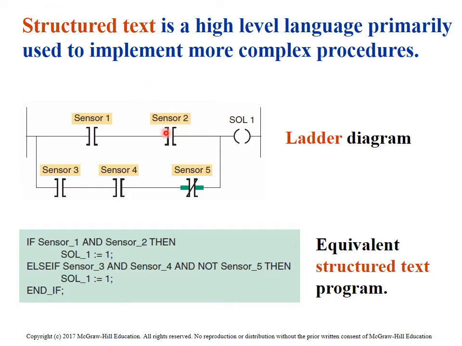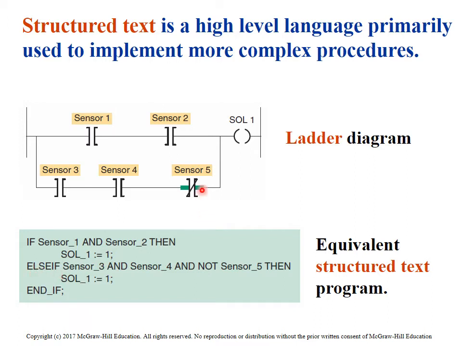And this circuit here at the top is exactly the same as this down here at the bottom, if you can believe it. If you look at this, sensor 1 and sensor 2 have to be on to turn on the output. So you've got sensor 1 and sensor 2, then solenoid 1 equals 1.